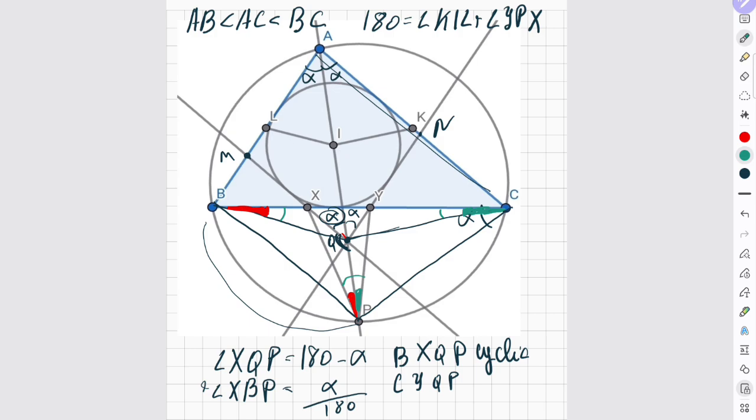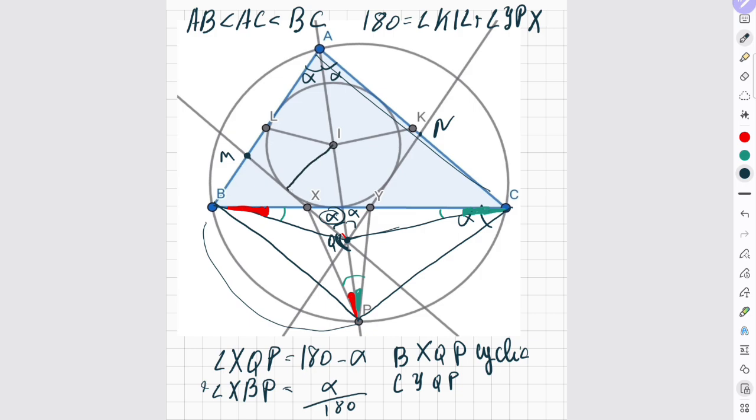To show it, we can use the midsector. For instance, we know that AL is equal to LB, and we need to prove that AI has equal length with QI. To show it, I will use this method.